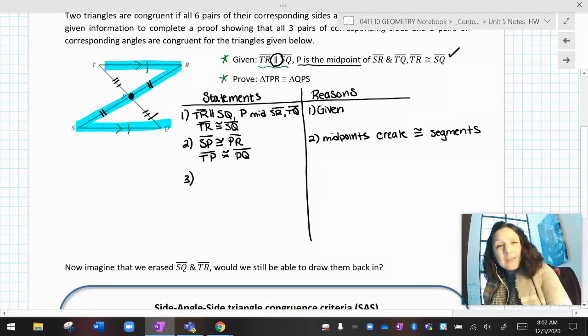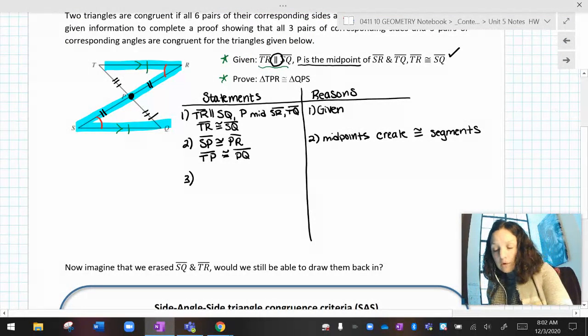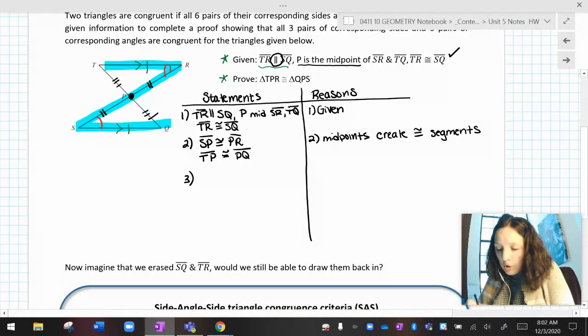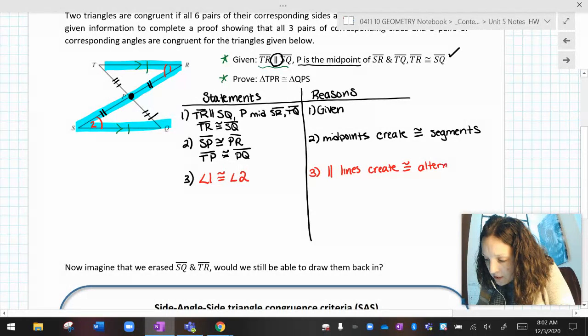If I see the letter Z, I know I have congruent alternate interior angles. I'll call this angle up here 1 and that angle down there 2. Angle 1 is congruent to angle 2 because parallel lines create congruent alternate interior angles.